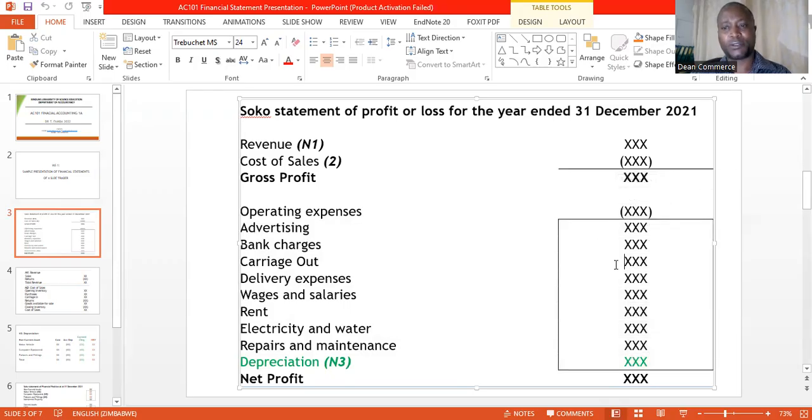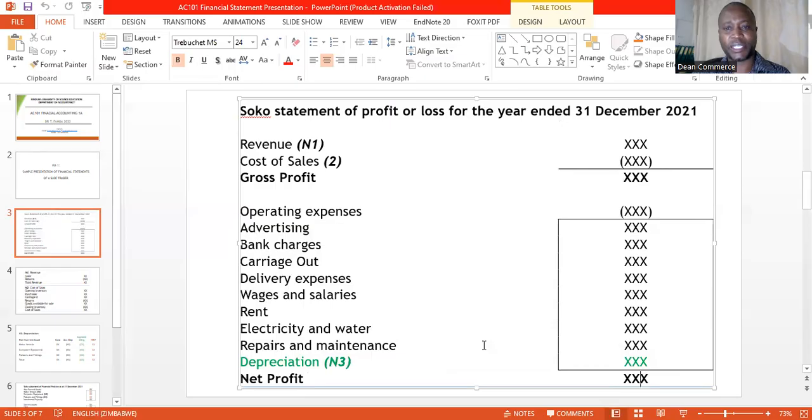You can see that this figure is in parentheses, meaning that from this gross profit we are going to deduct the operating expenses, and then we get the net profit, which is this value at the bottom.